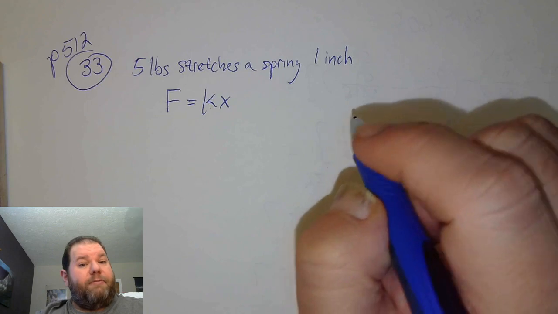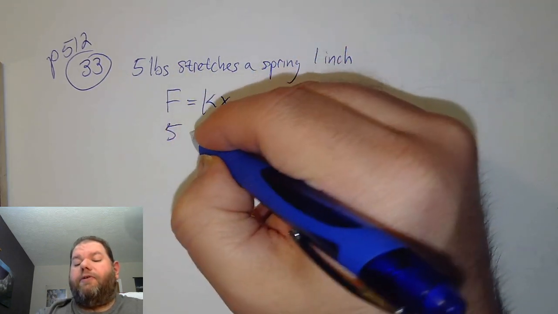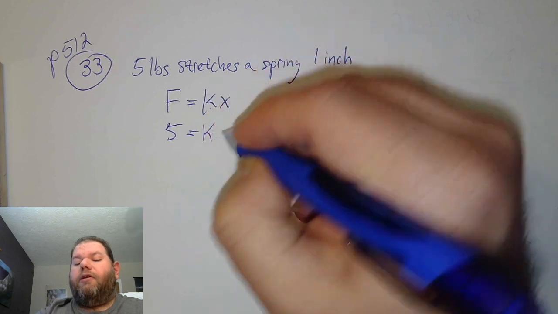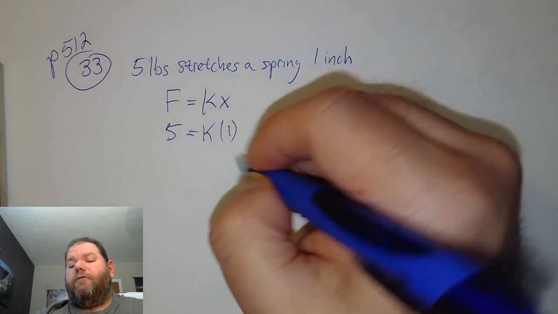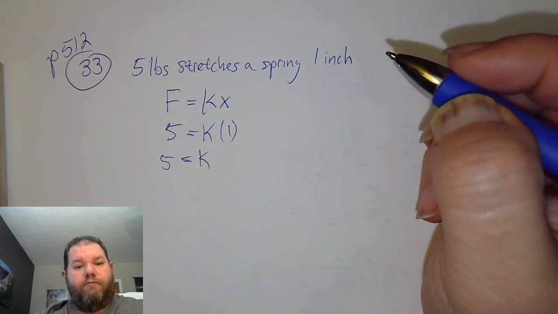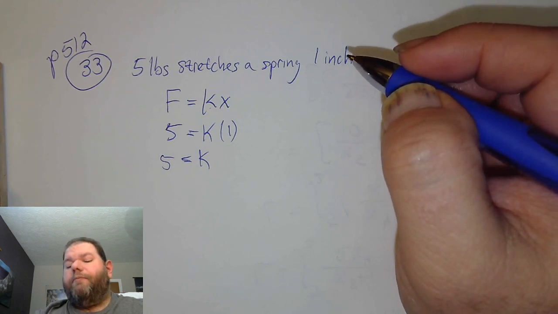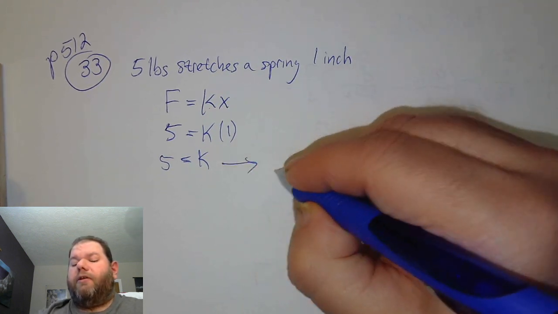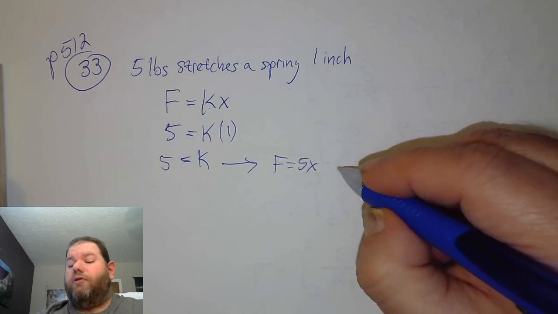So 5-pound force, and we have a distance x of 1 inch, and so k is equal to 5. That's our restorative force of the spring. Okay, so that means that F equals 5x is the force function.